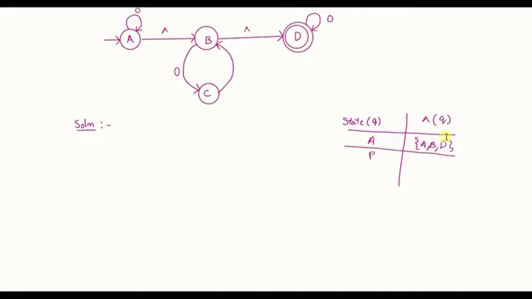Next, we find out for state B, what is E-closure of state B. First of all, B itself should be added to the set. Next, from state B on reading null, you go to state D, right? So D is added.